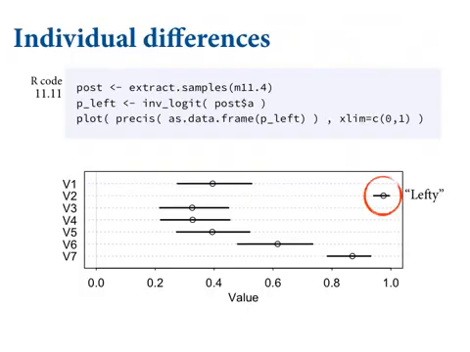Okay. Let's just look at the individual difference parameters. So here we extract the samples, and then we transform them to the probability scale using inverse logit. They're at the top. And then we can just dump this into precis and plot it. Precis will plot any table, any rectangular grid of numbers you want to give it, right? So there's number 2. We call number 2 lefty, right?